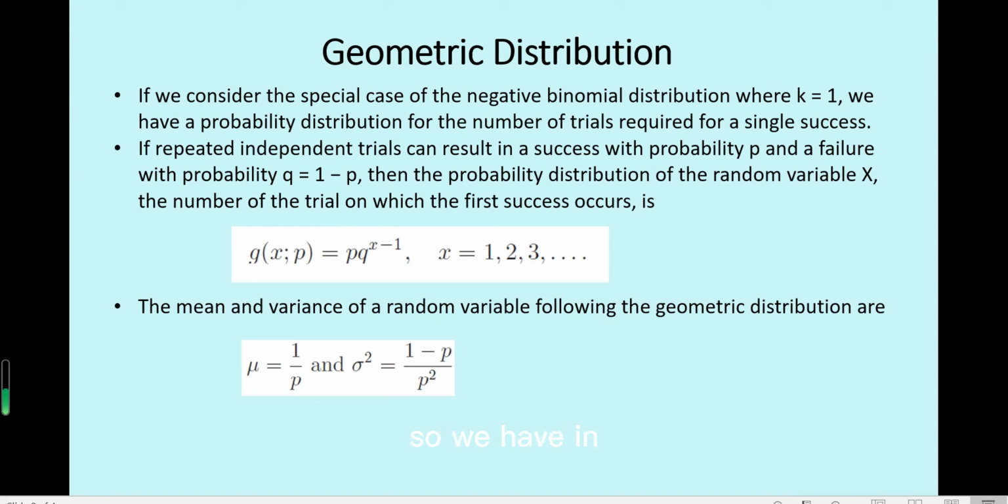We have shown in a previous video that the negative binomial distribution is used to model how many trials it takes to get several successes in a Bernoulli experiment, with a constant success rate P.